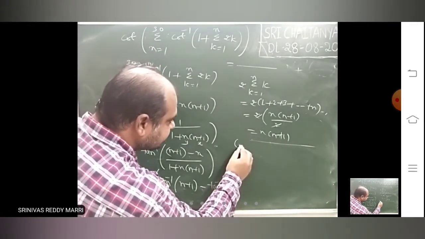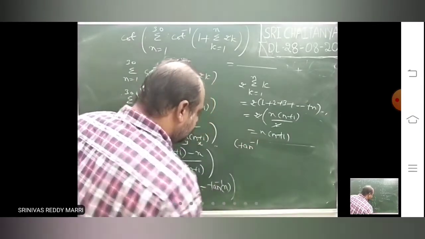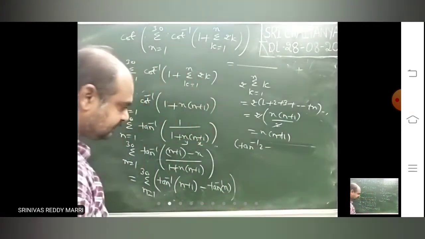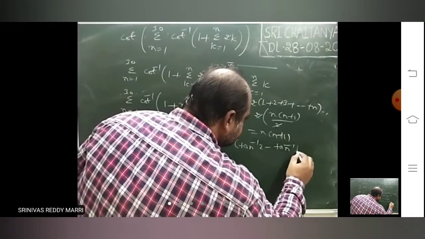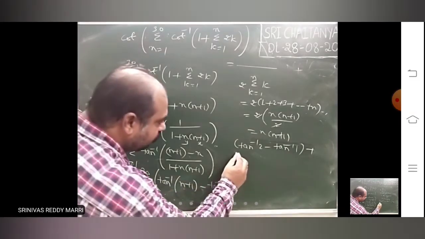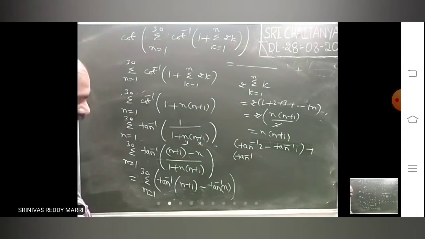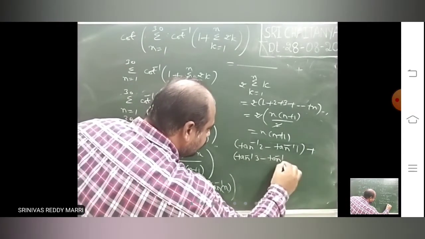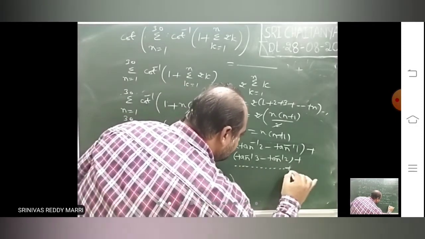If I expand the sigma, the first term, n equal to 1, is tan inverse 2 minus tan inverse 1. n equal to 2 gives tan inverse 3 minus tan inverse 2, and so on.